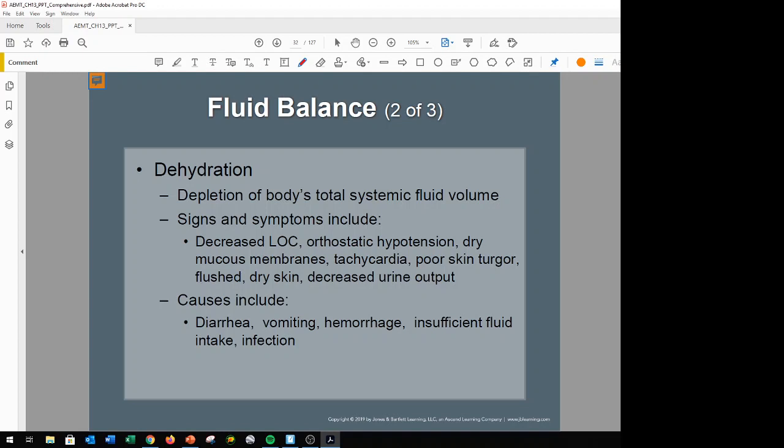When we're talking about just dehydration, it's more common in older and younger folks. Dehydration forces a shift of fluid from the intracellular to the extracellular compartments. And there's a whole range of reasons why somebody can be dehydrated.